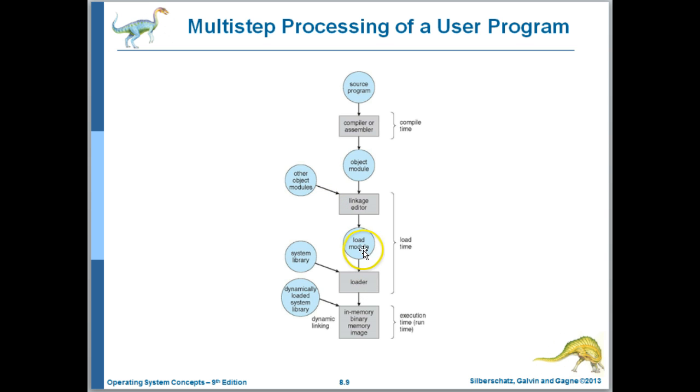The loader will take a binary program and bind the addresses as the program is being loaded into memory. And then finally, with hardware support, we can dynamically move a program around if necessary as it's executing.